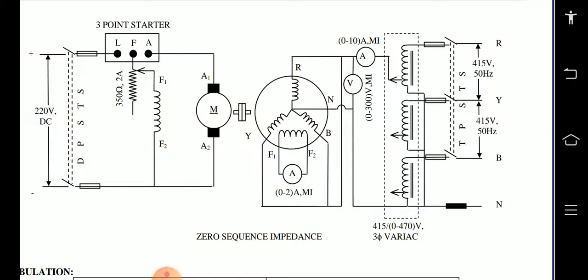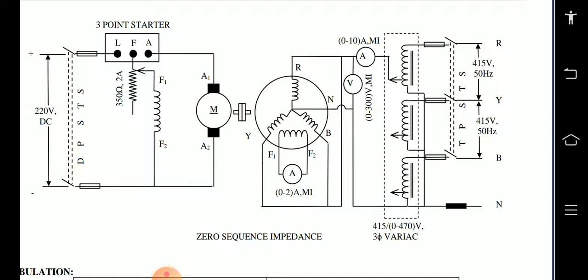Okay, so here also after your motor gets to the speed of your alternator, then your TPST switch will be closed, and then your auto transformer will be raised from the 0 position to another value in order to get the voltage and ampere in the voltmeter and ammeter respectively, which are connected to our alternator.